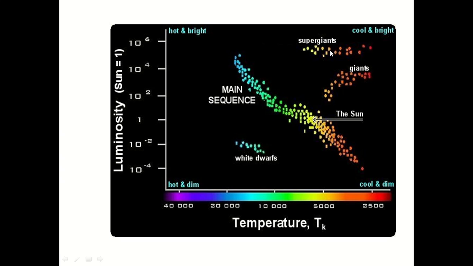So what we see is that this is called the HR diagram, or Hertzsprung-Russell diagram, which is a plot of temperature versus absolute magnitude or luminosity of the stars.